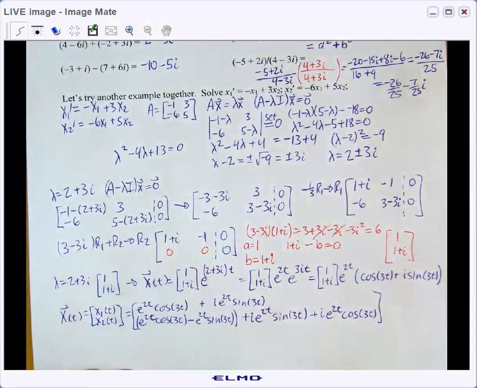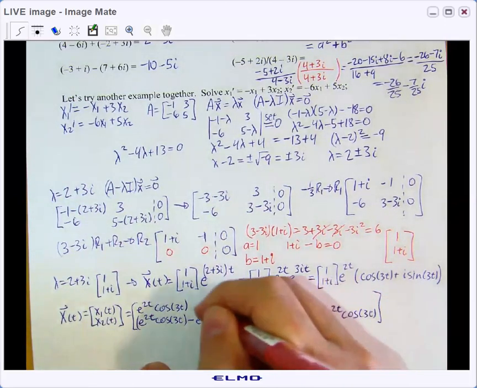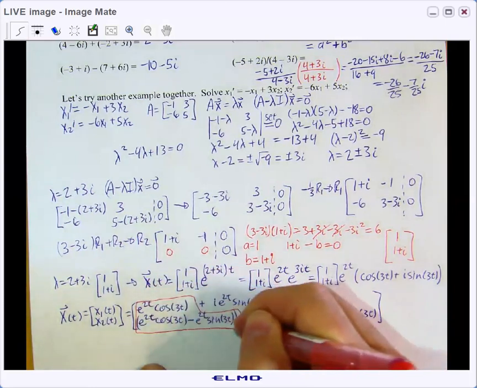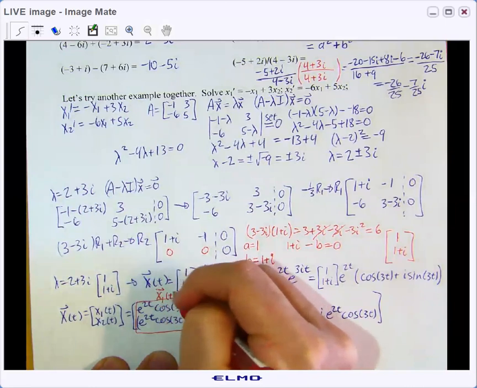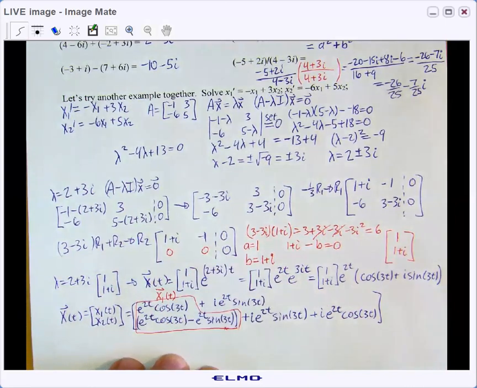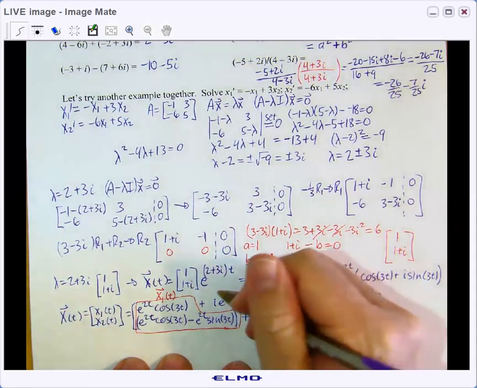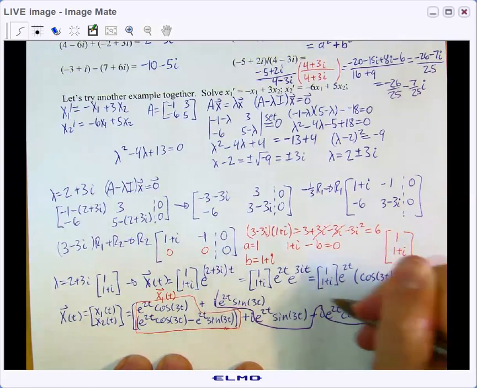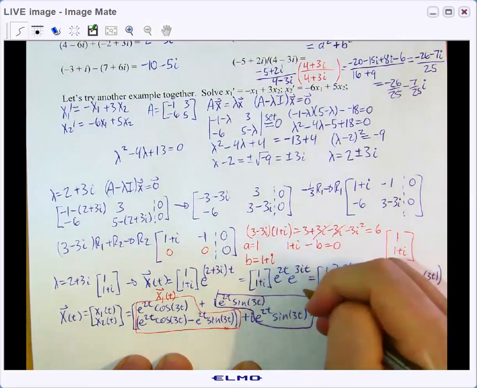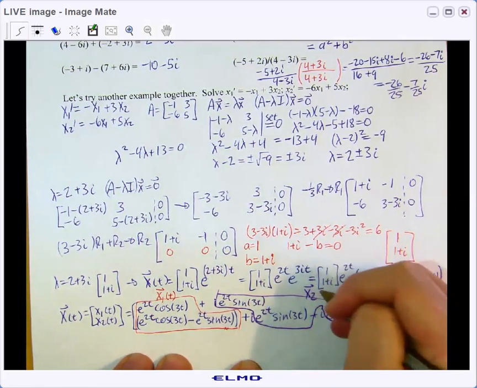And what we're going to do is break this up. We're going to let the real part be one solution, which we'll call x1 vector solution, not just x1 solution. And if we factor out the i and do a constant multiple anyway, we've got the x2 vector solution.